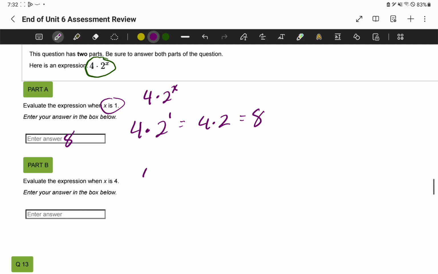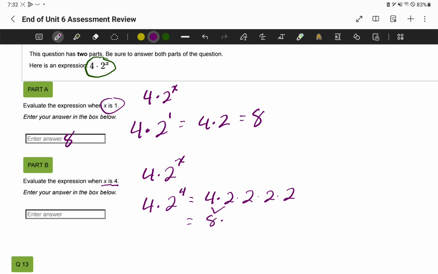And so now we're doing 4 times 2 to the x, but this time it tells us x is 4. So 4 times 2 to the 4th. So that's 4 times 2 times 2 times 2 times 2. Well, that's 8.